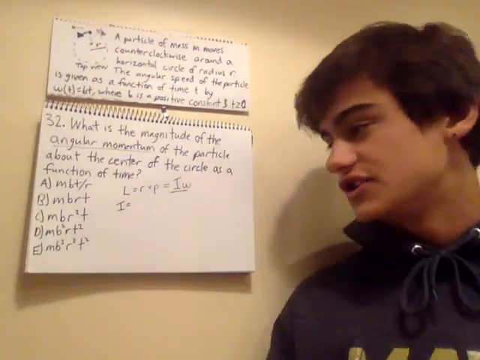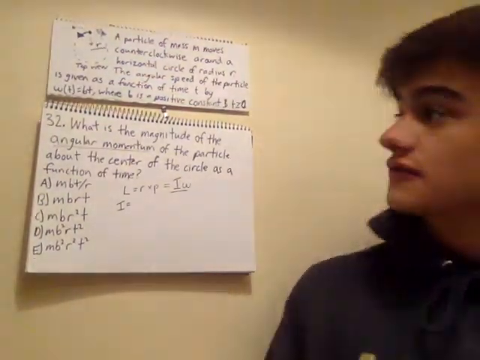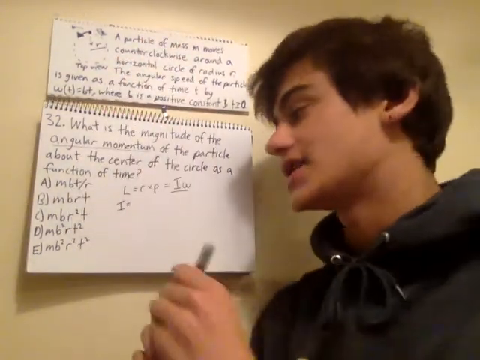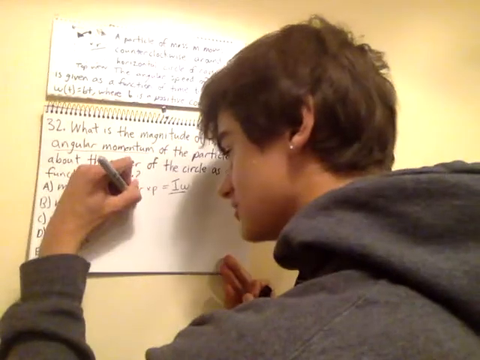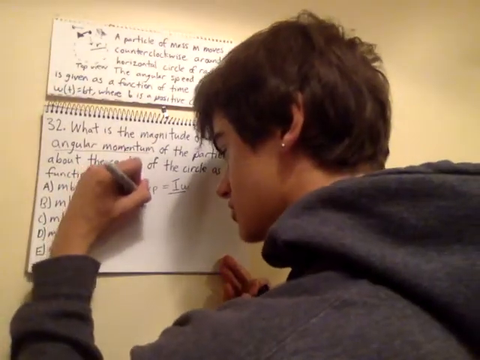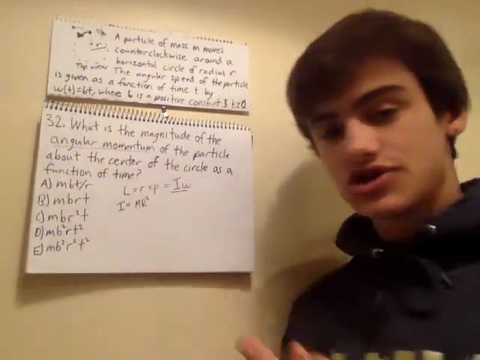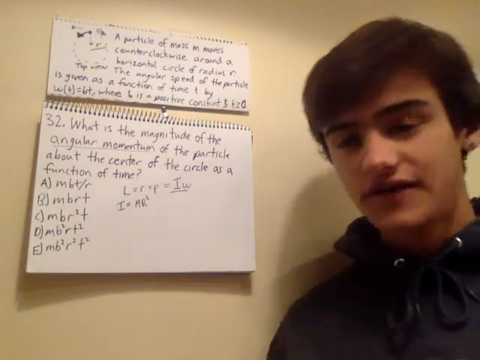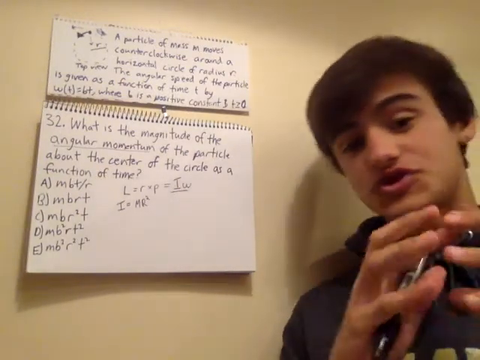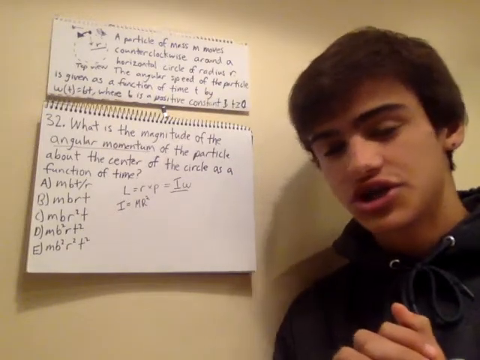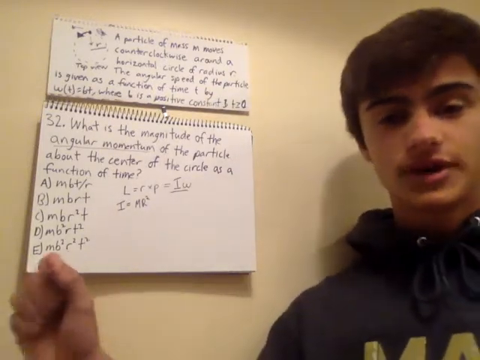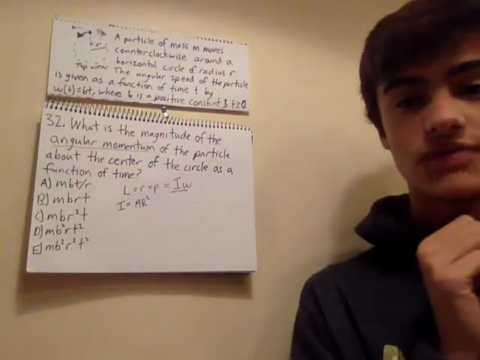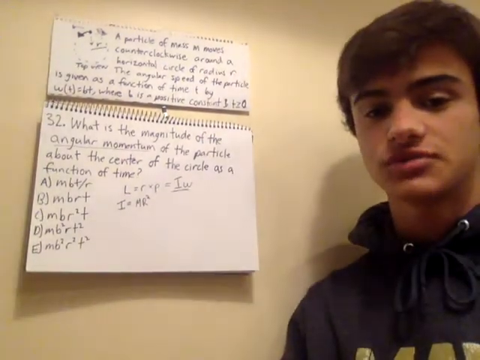Different objects have different moments of inertia. In this case, it's a particle. A particle is a point mass, and point masses have inertia of mr squared. For example, a disk is going to have a moment of inertia of 1/2 mr squared. A full sphere is going to have a different moment of inertia. A human holding out dumbbells is going to have a different amount of inertia versus when they bring their arms in. That's all going to change the moment of inertia.